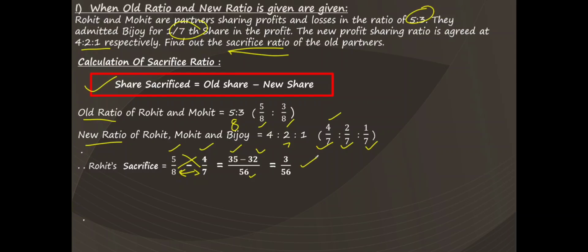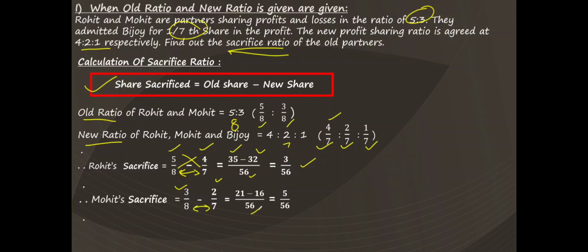Next, we'll find out the share sacrificed by Mohit. Mohit's old share is 3 by 8 and the new share is 2 by 7. Again, to find the LCM, a very simple method is to just multiply the denominators 8 and 7. 8 sevens are 56, and then cross multiply the denominator with the numerator.